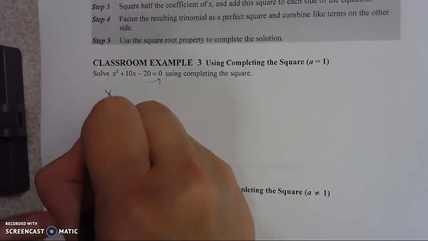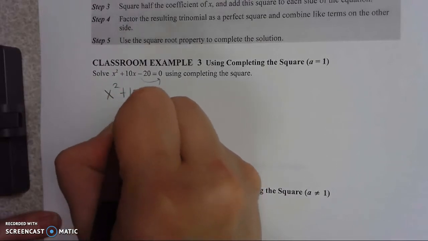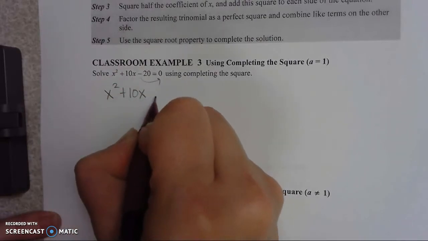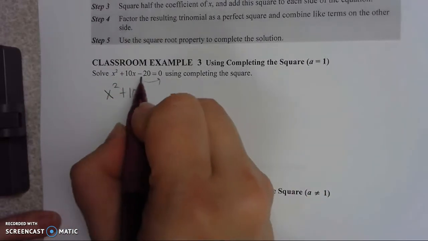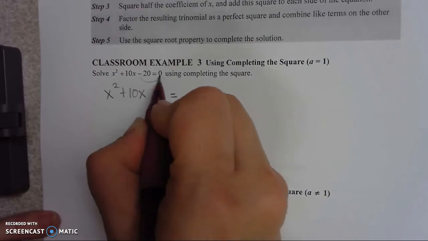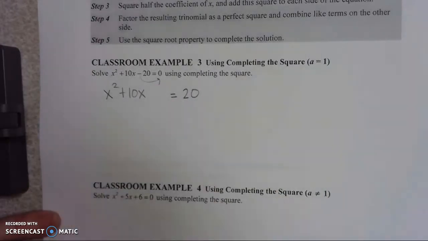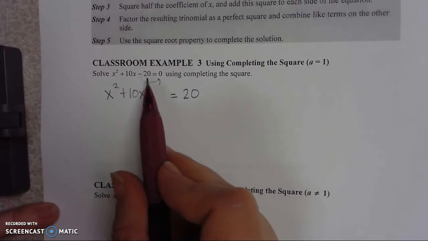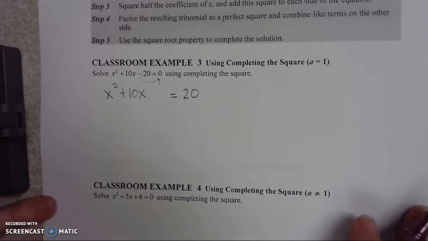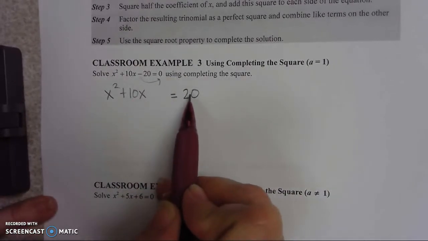So now I have x squared plus 10x, and then leave a little space there because we're going to put some numbers there. And when I cross that equal sign with that negative 20, it becomes positive 20. Okay, so all we did was take the constant and move it to the other side of the equal sign. Once you cross the equal sign, it changes sign, so from a negative to a positive 20.